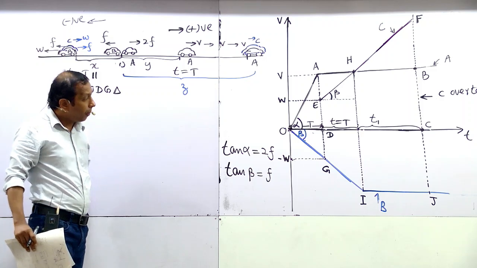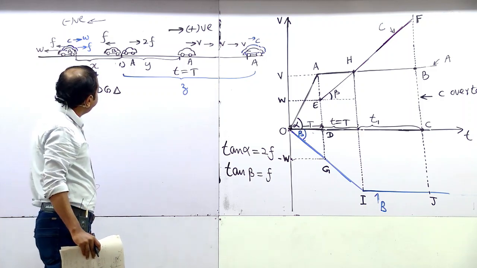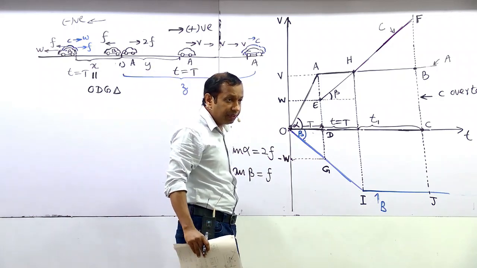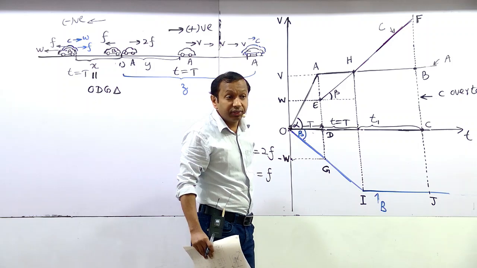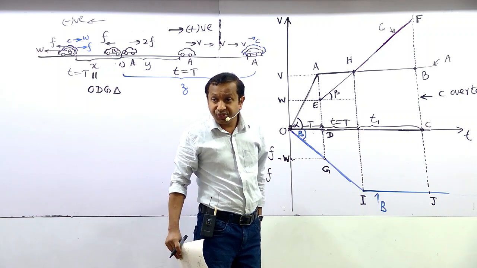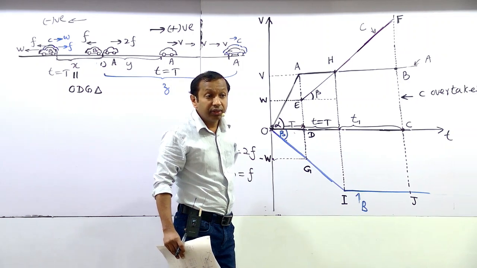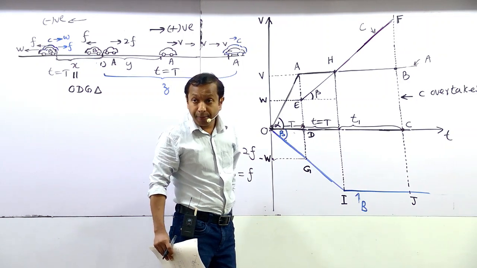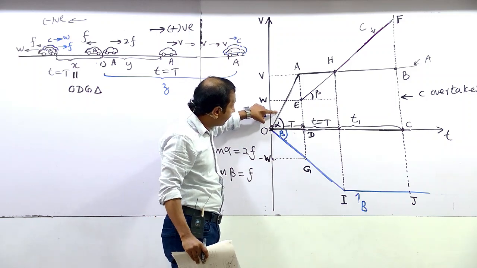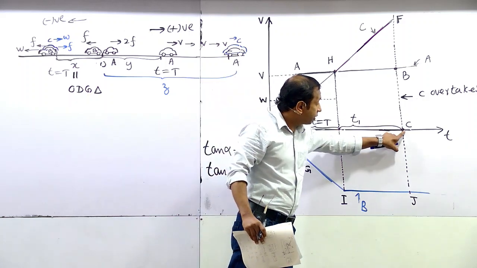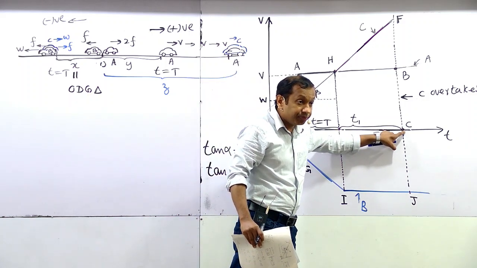Yes. Next one, people: until the overtaking takes place, from the start, what is the displacement traveled by car A? The VT graph of car A is this. The overtaking is taking place here.